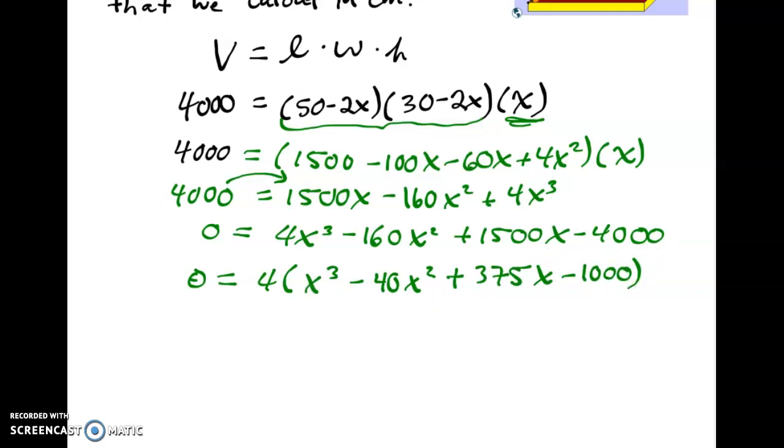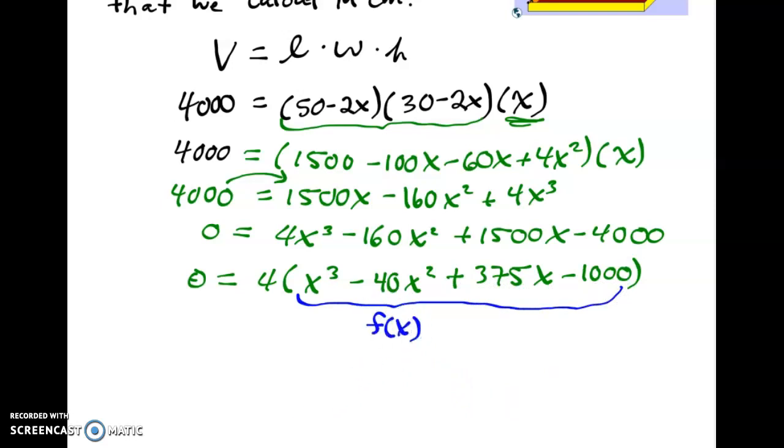Okay. And now I have a cubic that needs to be factored. Okay, you can check to see if you're able to group it, which in this case you're not. So we will need to do factor theorem and synthetic division to factor this polynomial.